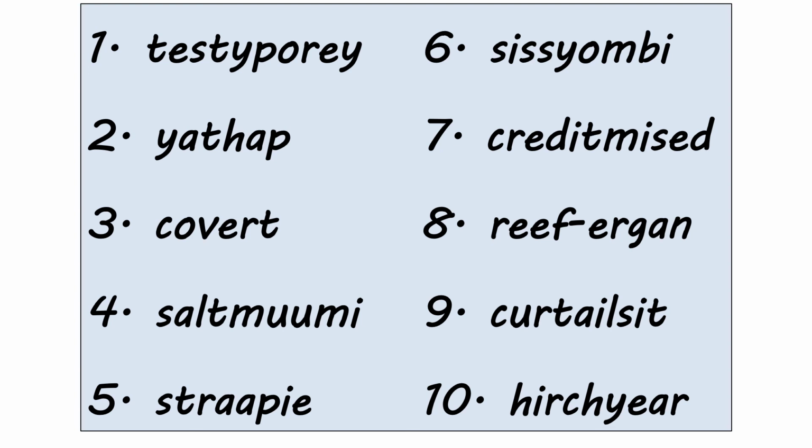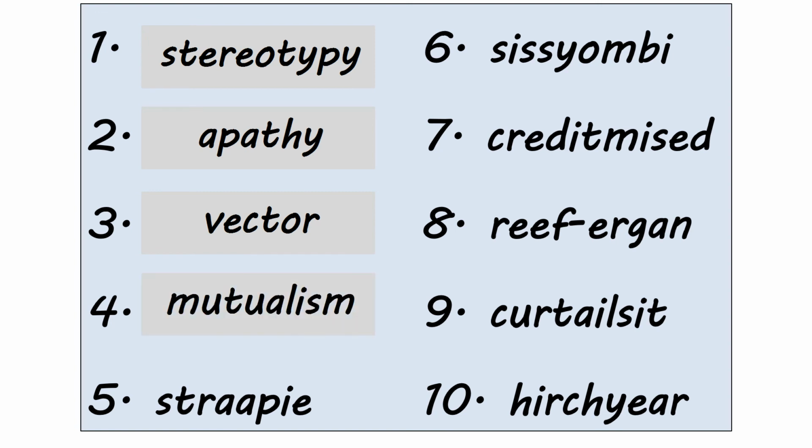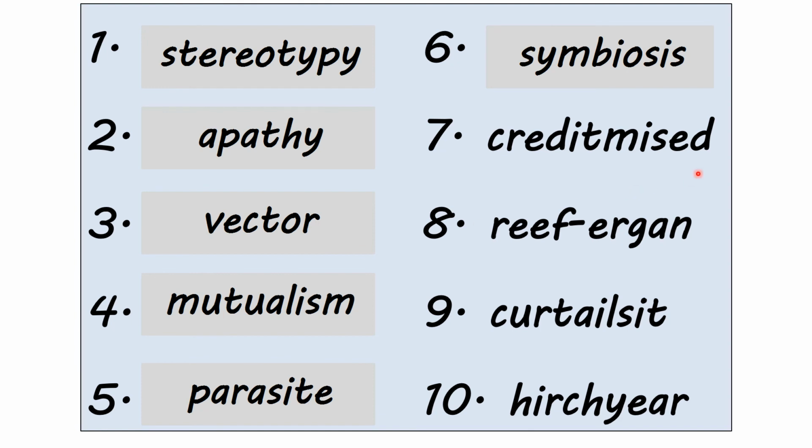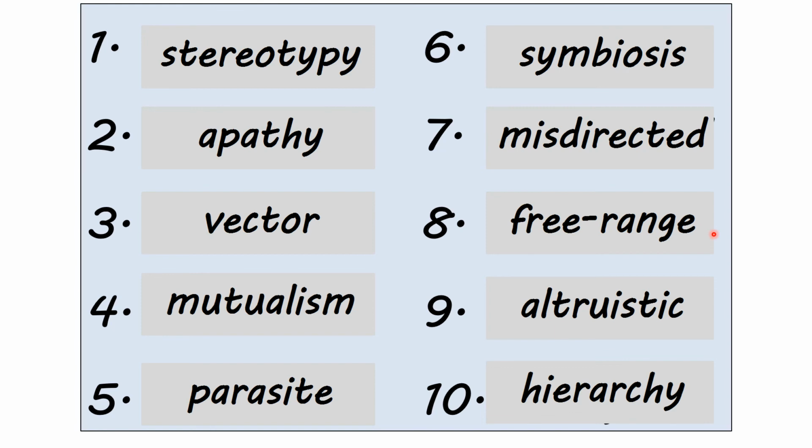Okay, here are the answers. The first one is stereotypy, 2 is apathy, 3 is vector, 4 mutualism, 5 parasite, 6 is symbiosis, misdirected is 7, 8 is free range, 9 is altruistic, and 10 is hierarchy.